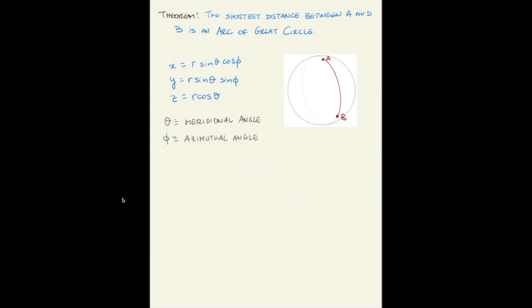On Earth, once the pole is defined, phi would be the longitude and theta would be the co-latitude. Not the latitude, but the co-latitude.